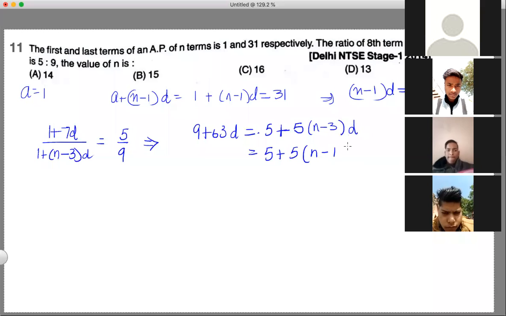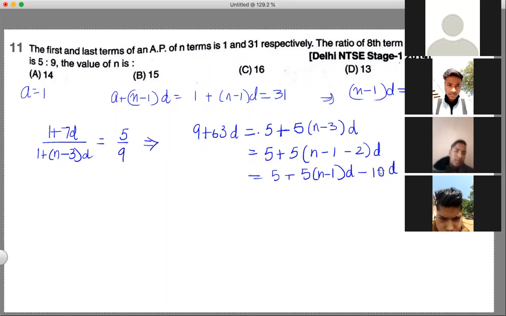N minus 1, I can write n minus 2 separately. This I can put as 30. So 35 minus 10d. Not 35, 155. Okay, 155. This is 30. So 150 plus 5, 155 minus 10d, and this is equal to 9 plus 63d.